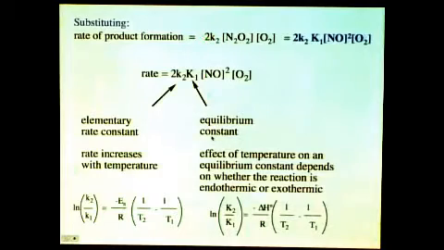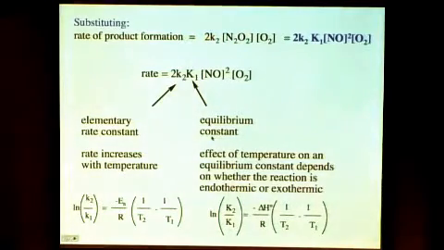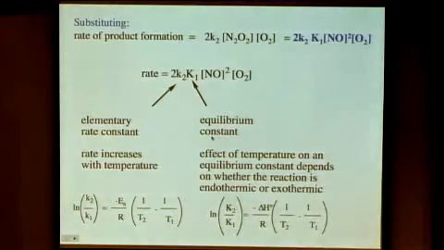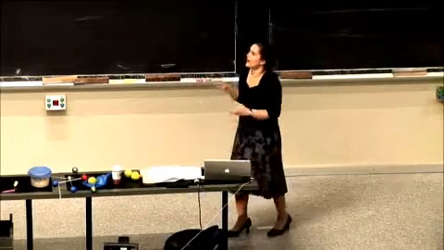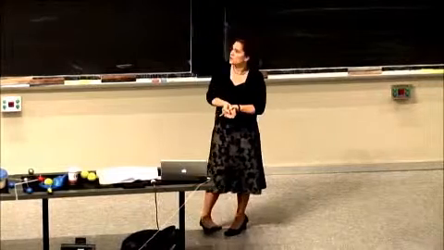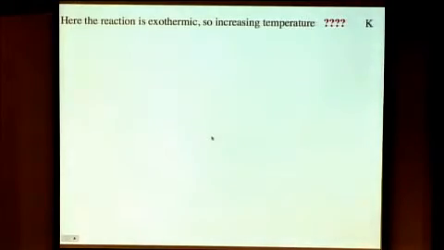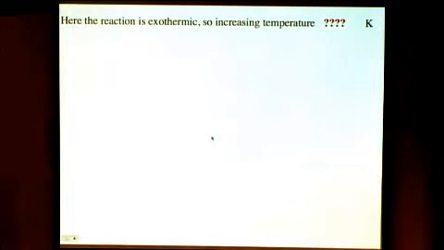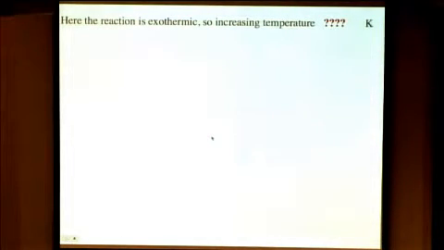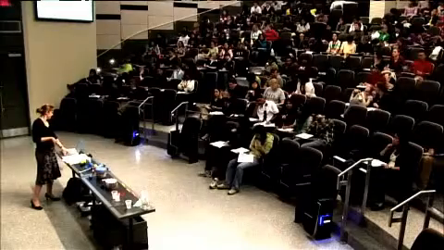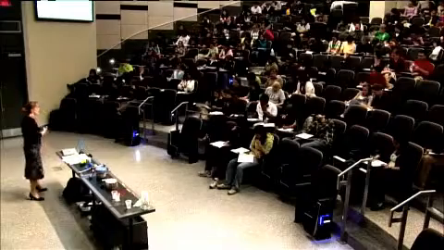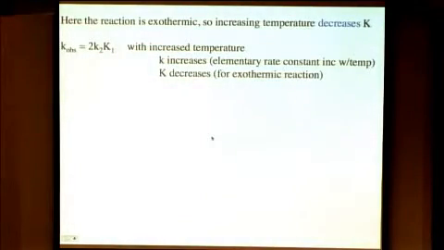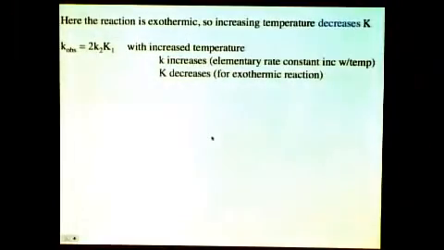For an elementary rate constant, we have EA, and for an equilibrium constant, we're talking about delta H. Here the reaction is exothermic, and if you increase the temperature of an exothermic reaction, what happens to K? It decreases. So it would shift to the endothermic direction, decreasing K.